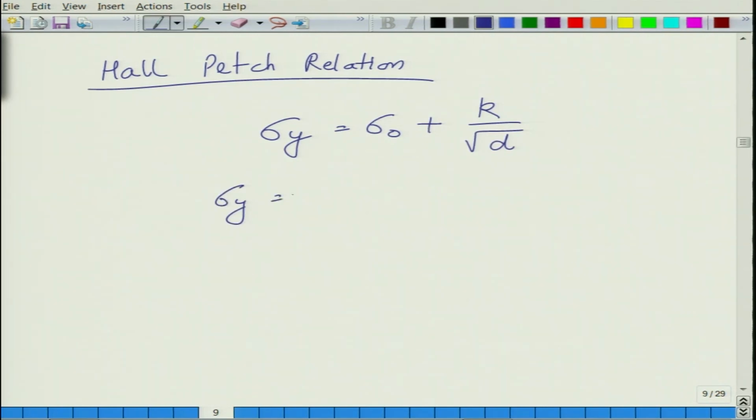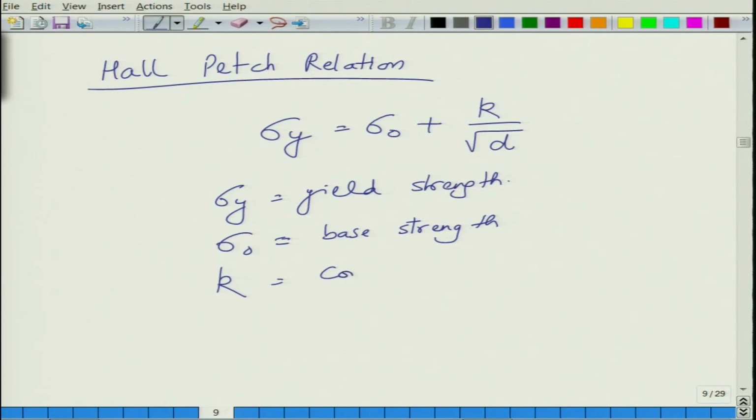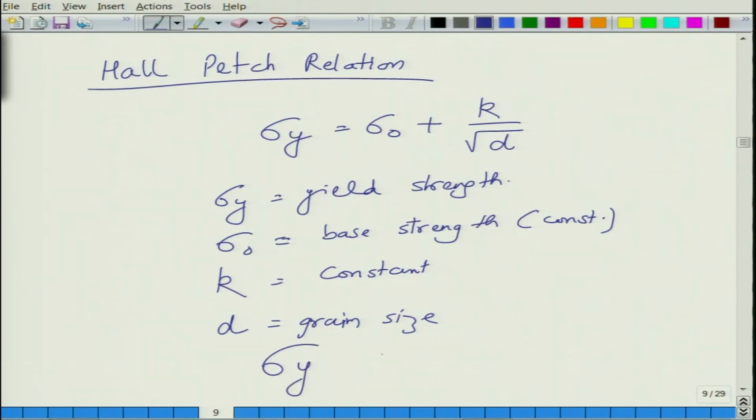Where sigma y is the yield strength, sigma naught is essentially the base strength, k is a constant, and d is the grain size. So, you can see that sigma y is proportional to d to the power minus half. So, as you decrease the grain size, your yield strength increases. So, this is how you do strengthening by decreasing the grain size.